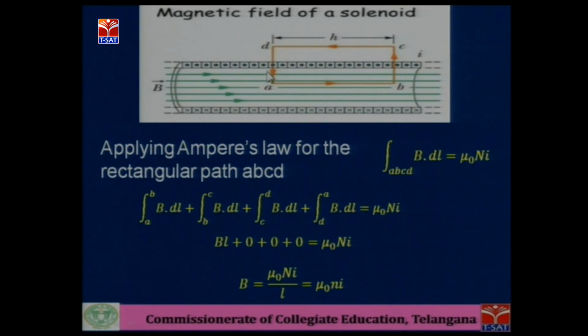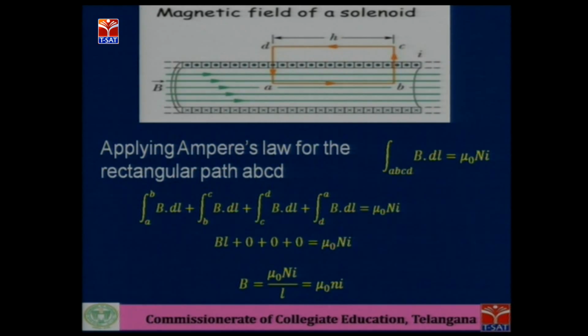So to find the magnetic strength inside, we consider a rectangular loop ABCD as shown in the figure here. Applying Ampere's law along each length element, the line integral of B dot dl along the total rectangular loop is equal to mu naught N i. Actually this N is coming extra.